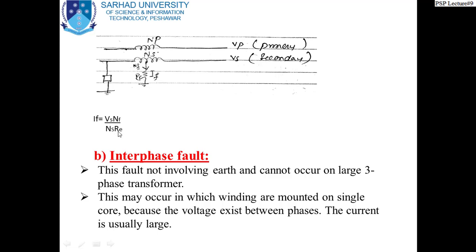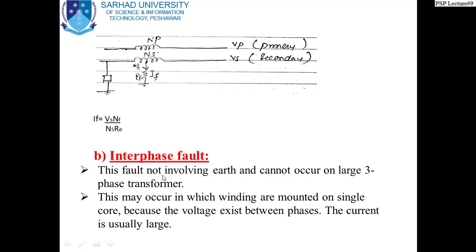Re is the resistance between the fault point and the earth. You understand this? Okay. If you don't understand, then we will clear this point during the interaction class. Okay. Now interphase fault.